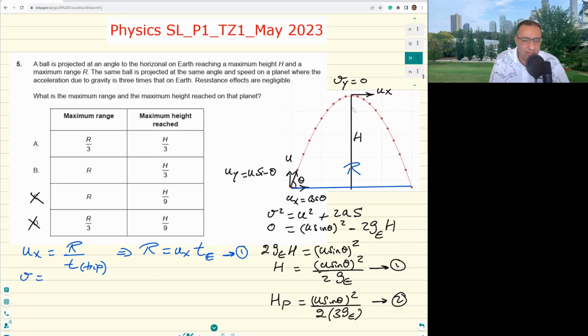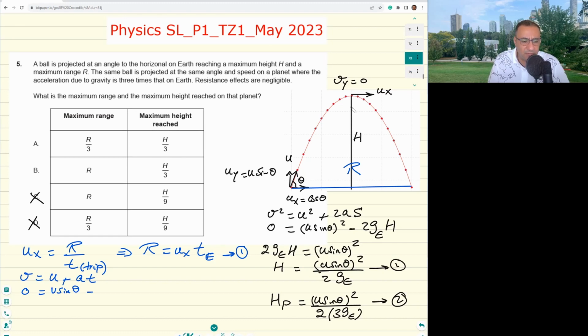So in this case we can use another equation. At the maximum height, v equals u plus at, right? Now v is 0 at the maximum height. Now u is, let's say uy in this case, of course, because we talk about gravity. So uy, which is u sine theta, and it doesn't matter because here u and theta are the same on both the planet and Earth.